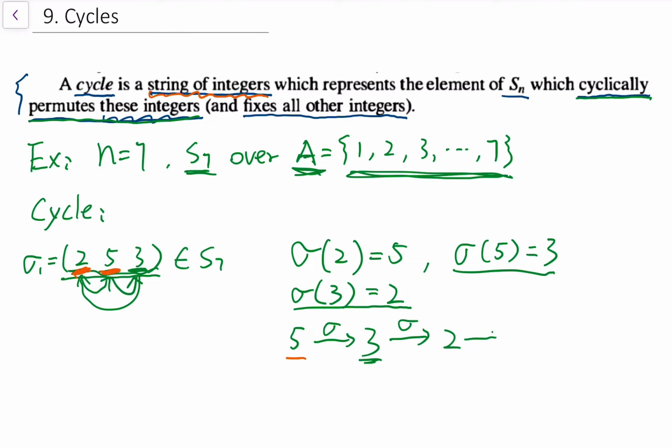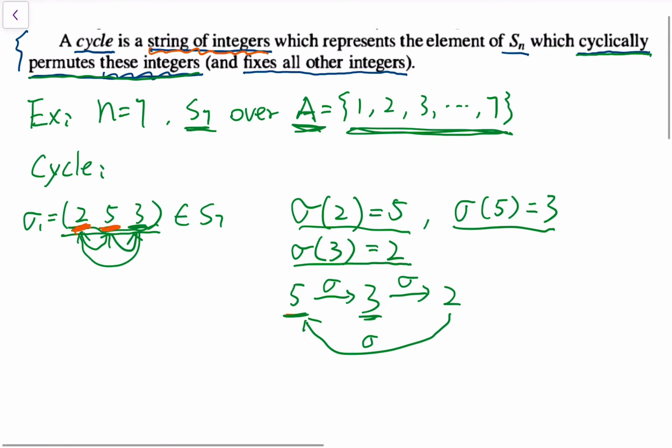Then you apply sigma to 2, you get 5. And here 5 is the same as the first one, so you can think of 2 going back to 5. So you will get a diagram like this if you apply the cycle to those integers, and it's actually a circle. That means the permutation just permutes those integers cyclically.